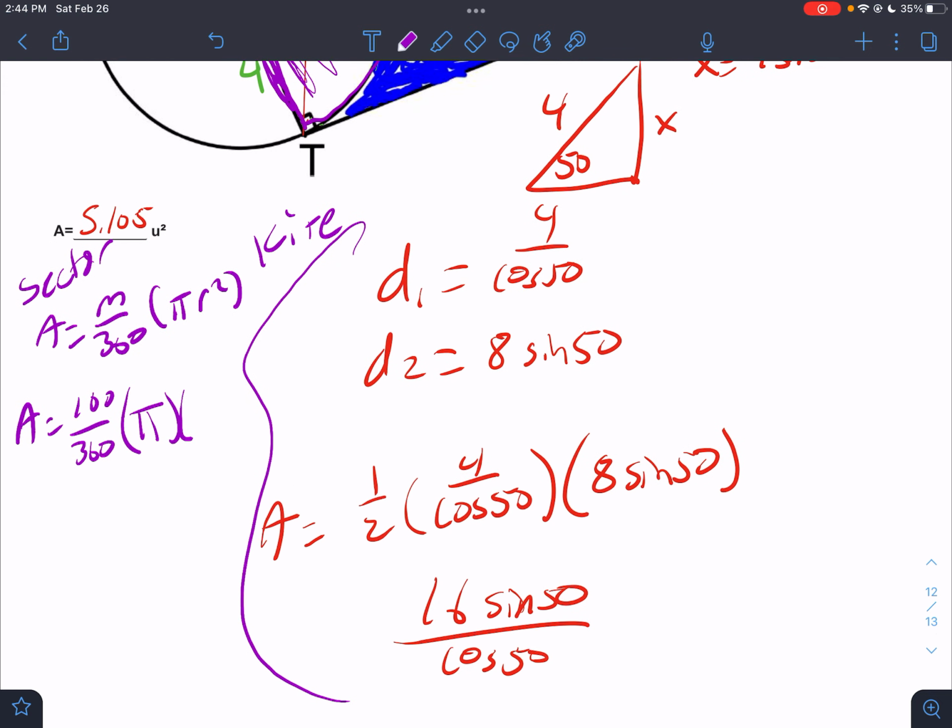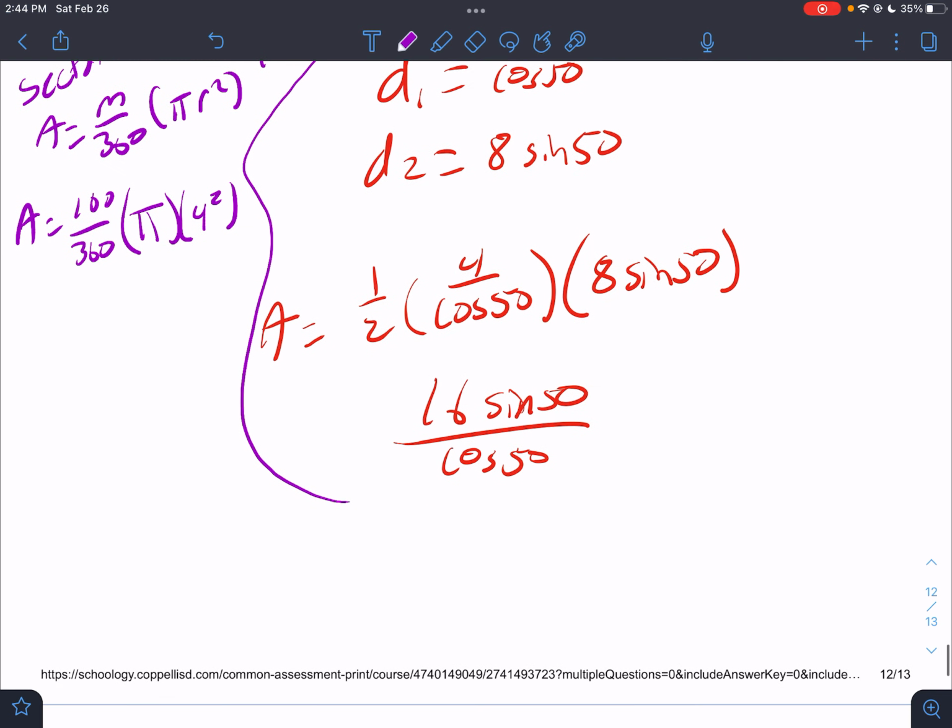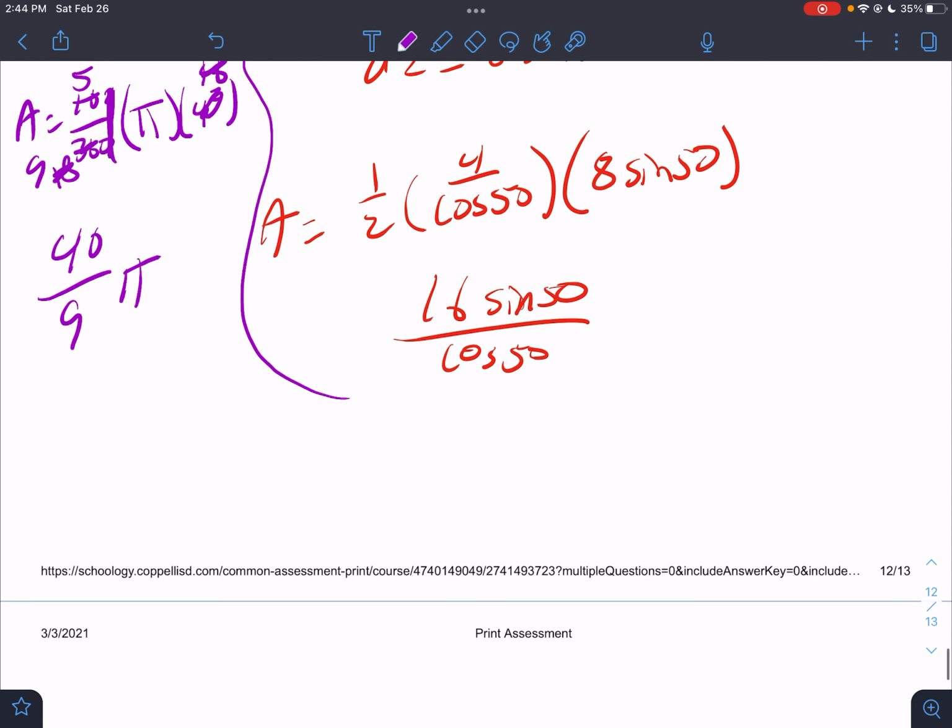So 4 squared would be 16. 100 over 360 reduces, that'd be 10 over 36. 10 over 36 would be 5 over 18. And make this 16. 16 over 18 would be 2 times 8 and 2 times 9. So 8 times 5 is 40 over 9 pi.